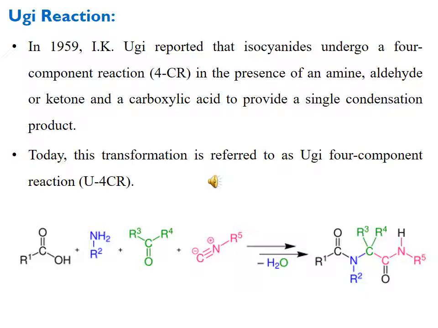Then at the third position is the carbon in green color, which is from aldehyde or ketone moiety, and then there is the carbon, nitrogen and R5 group from the isocyanide moiety. So this first R5 NH and carbonyl is termed as carboxamide, and this carbon bearing R3 R4 is termed as alpha carbon of this carboxamide moiety.